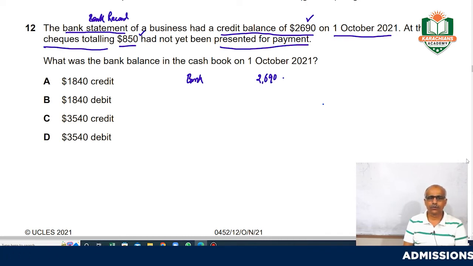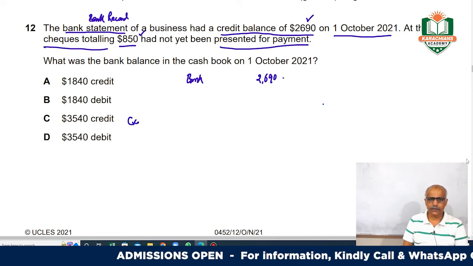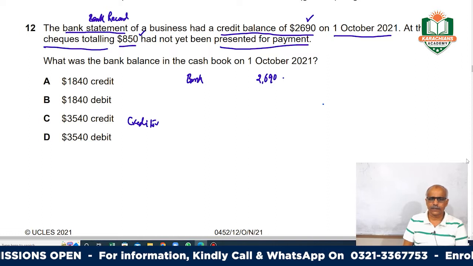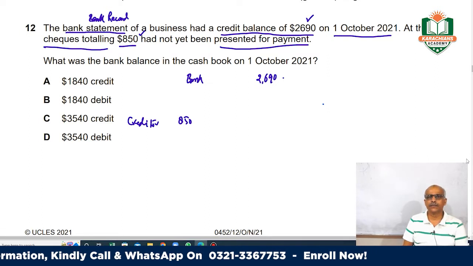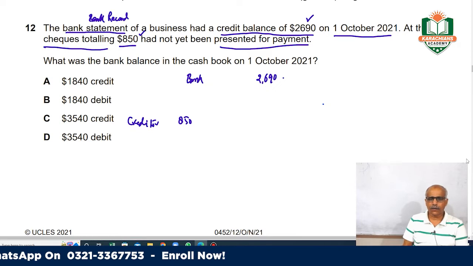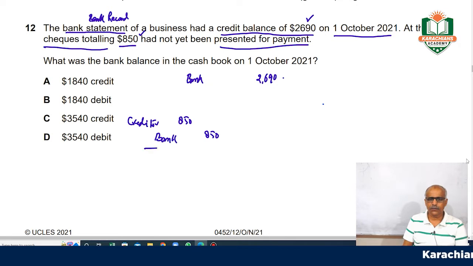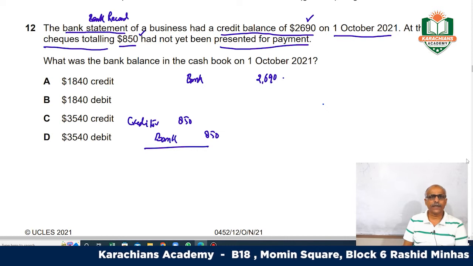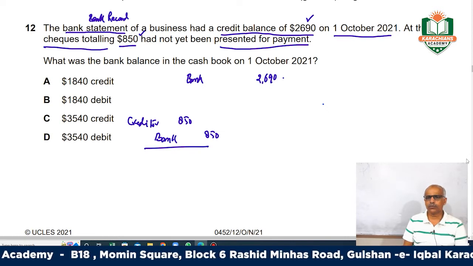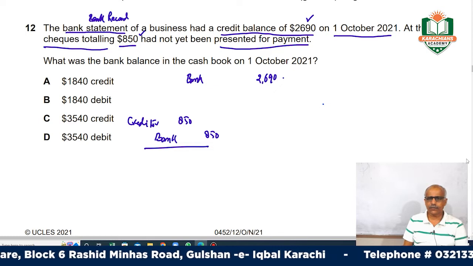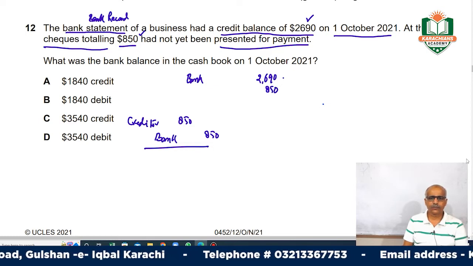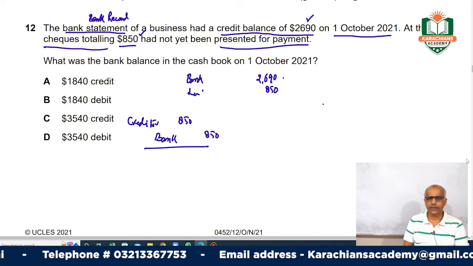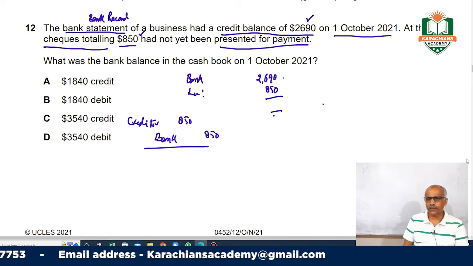When you issued the checks, you made an entry crediting various creditors, the trade payables account, with 850, and you recorded it in your books. But the bank has not recorded it. The bank shows 2690. When this 850 appears at the bank after 2 or 3 days, it will be deducted.